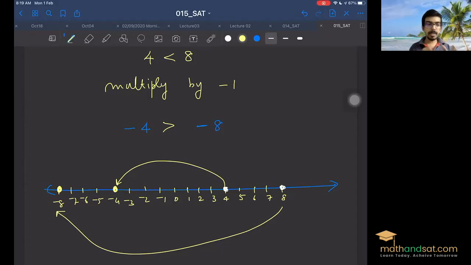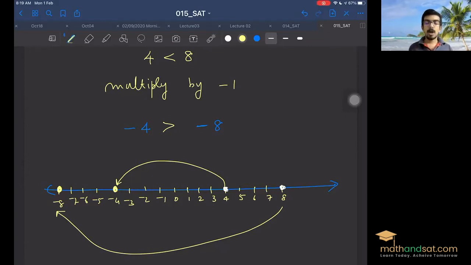And ultimately, look at the operations that are being applied on the variable. Now you have to keep undoing these operations one by one to isolate the variable. To undo an addition, you have to subtract the same number. The same number can be added or subtracted to an inequality without affecting the sign of the inequality.